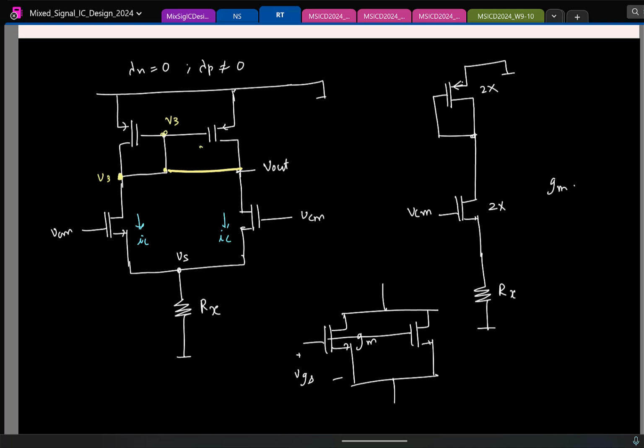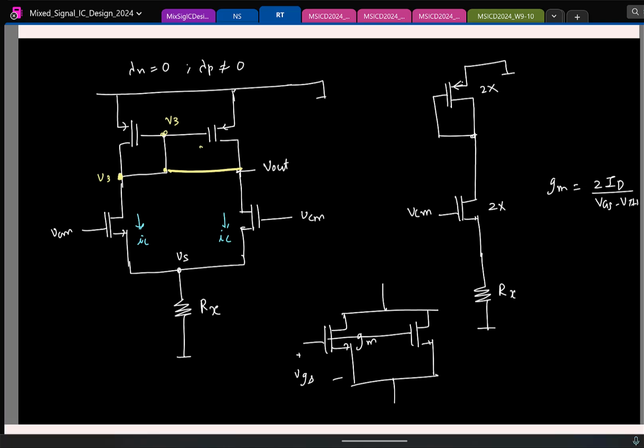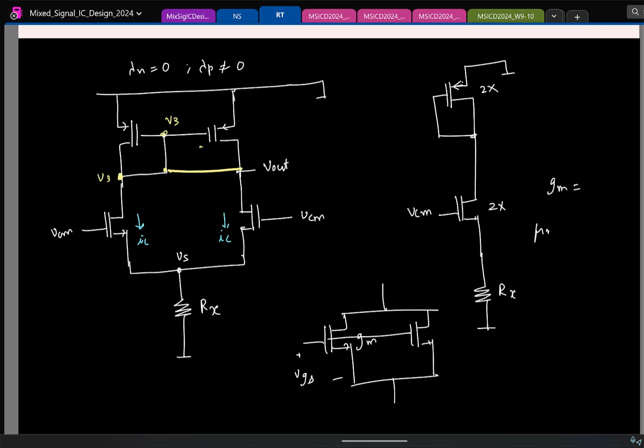So let us say someone suggested I do this. But if I do this, I know that ID is also changing. So you have to take into account 2 variables. So a simpler thing is to just look at a case wherein the expression contains the parameter that remains constant. Here the thing that remains constant is VGS minus VTH. So you better use this expression.